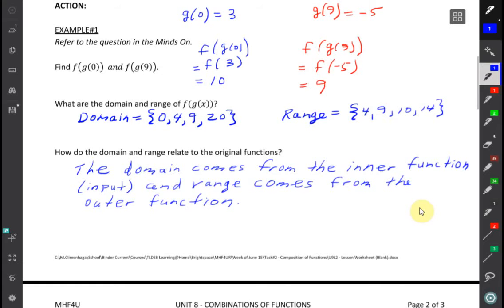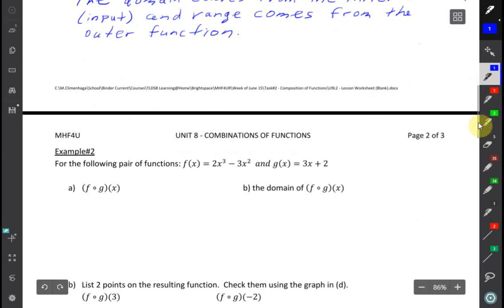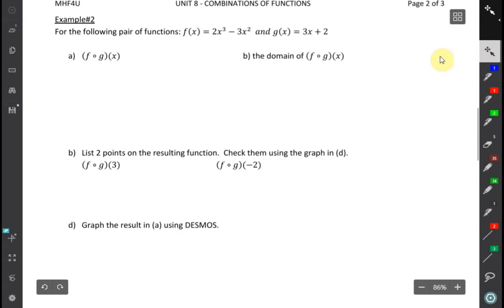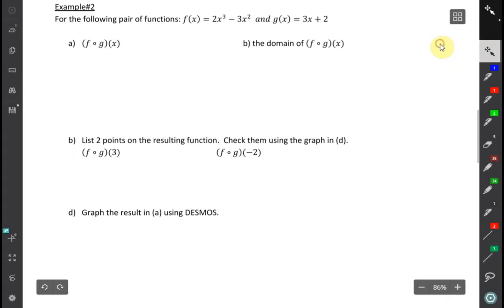Now we're going to look at this idea algebraically. Looking at example number 2, we have two functions, f at x equals 2x cubed minus 3x squared, and g at x equals 3x plus 2. In A, we're asked to find algebraically what f at g at x is.